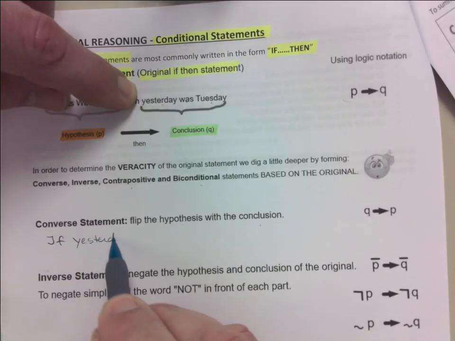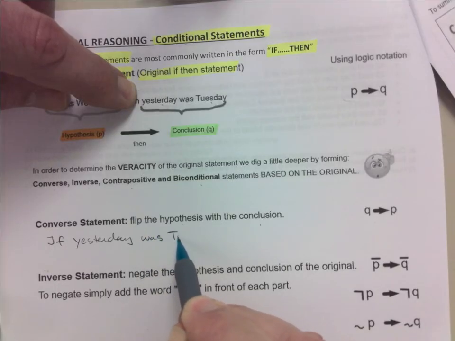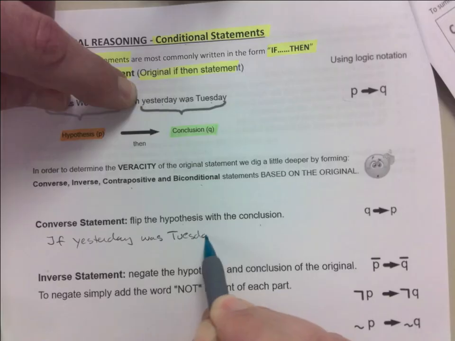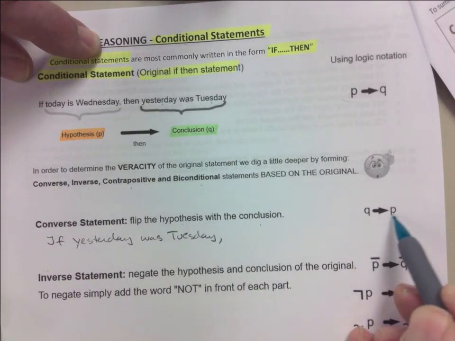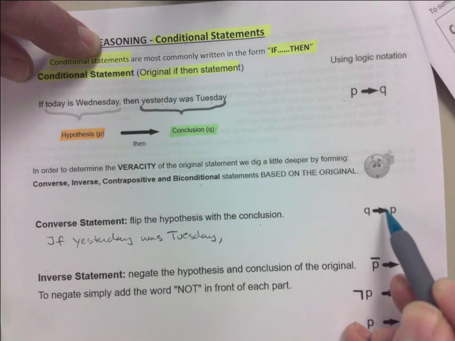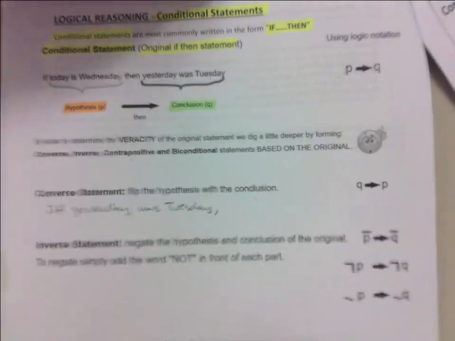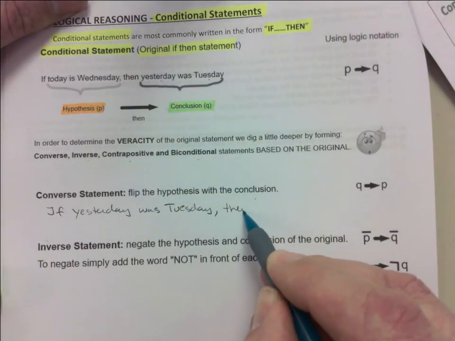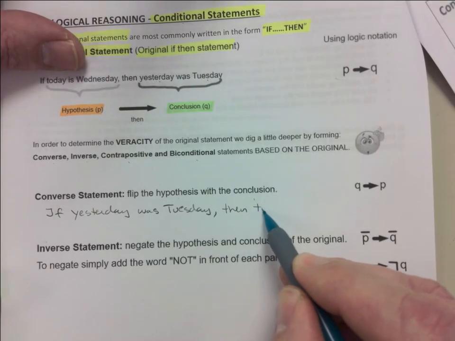If yesterday was Tuesday, what happens? What will follow? What's the arrow? Comma. We're translating this notation, right, on the side here. Then today is Wednesday.